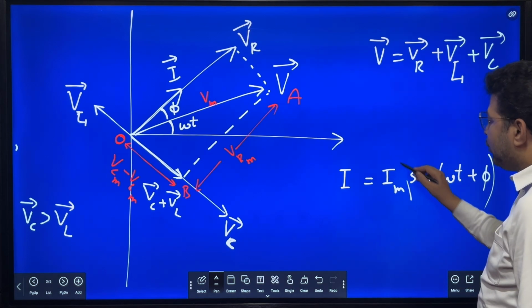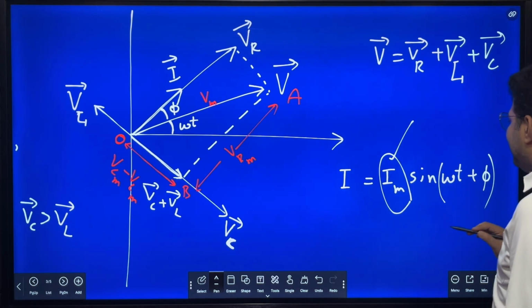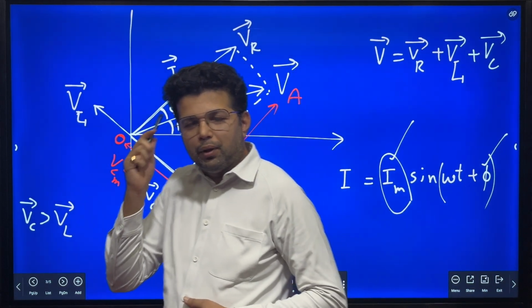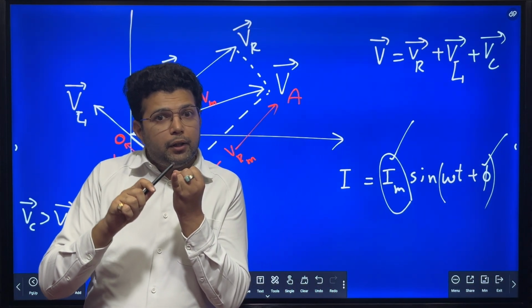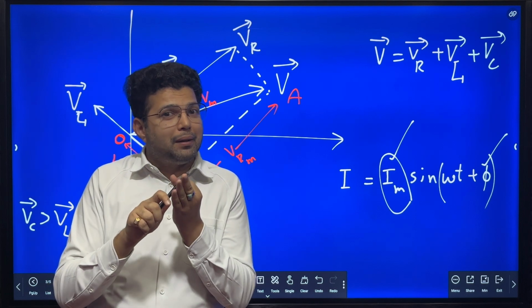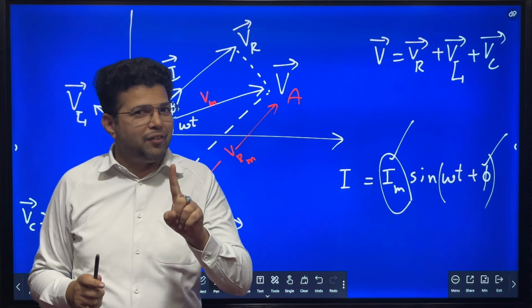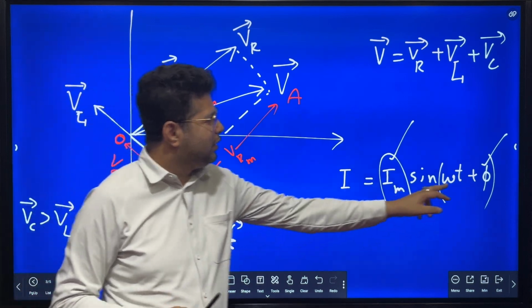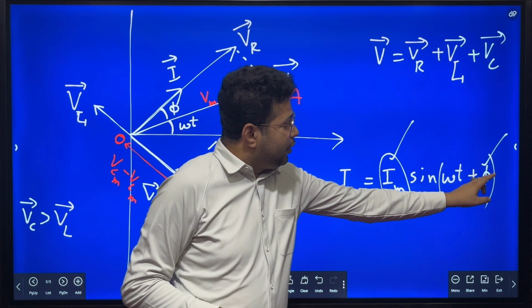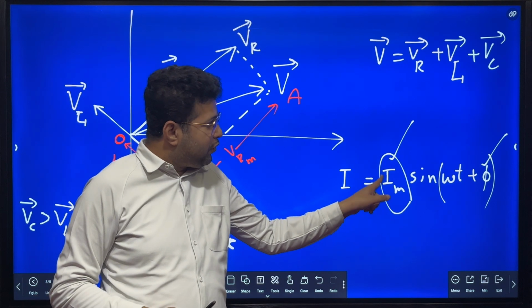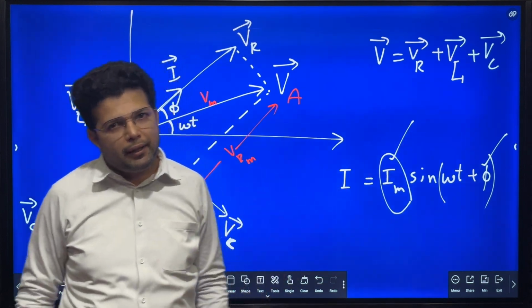Our derivation will be over if you find the value of Im and the value of phase difference. In all the three derivations, for resistor, inductor and capacitor, we found the phase difference. So here also, if you derive an equation for phase difference and for Im, you get the equation of current.